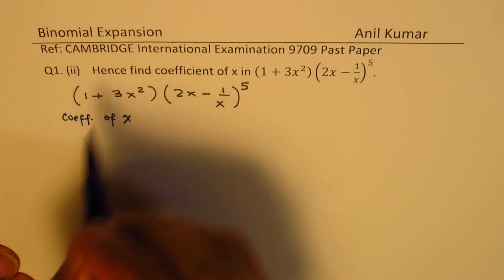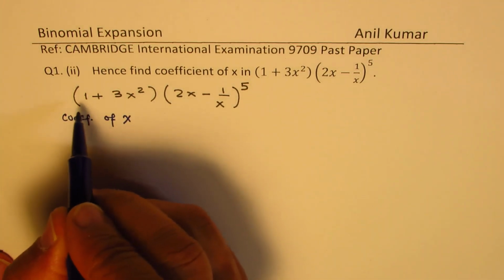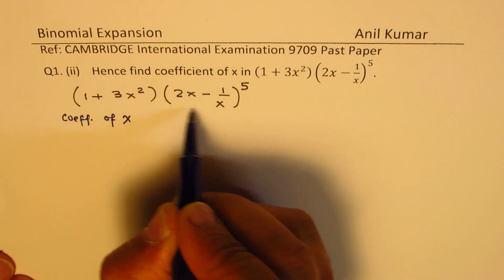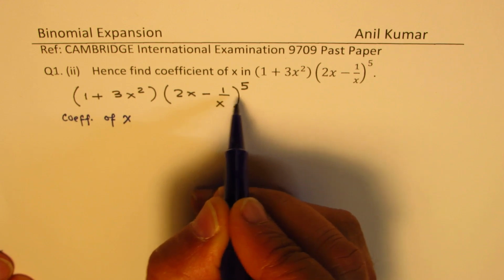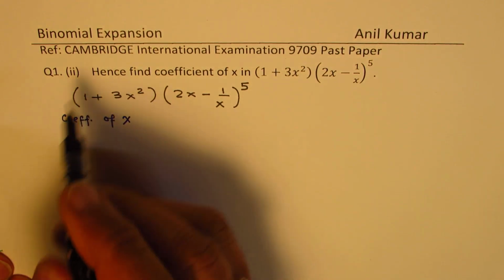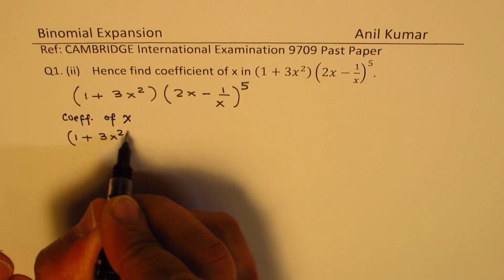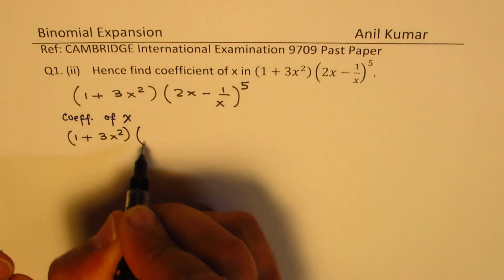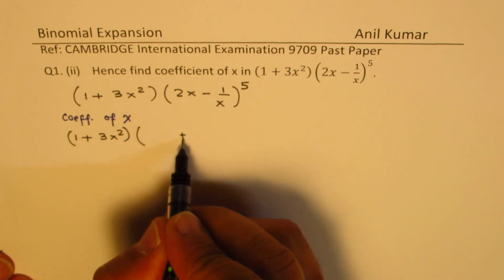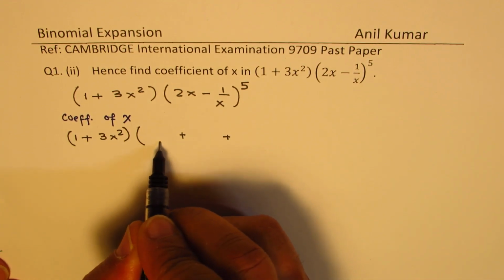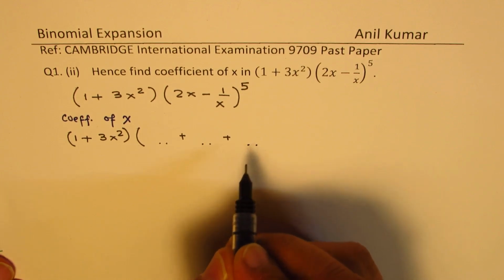So one way is that we multiply this term by something. So this has got 6 terms here, right? So basically we have something like this. We have 1 plus 3x squared times, there are 6 terms here, right? So say one term, second term, third term.